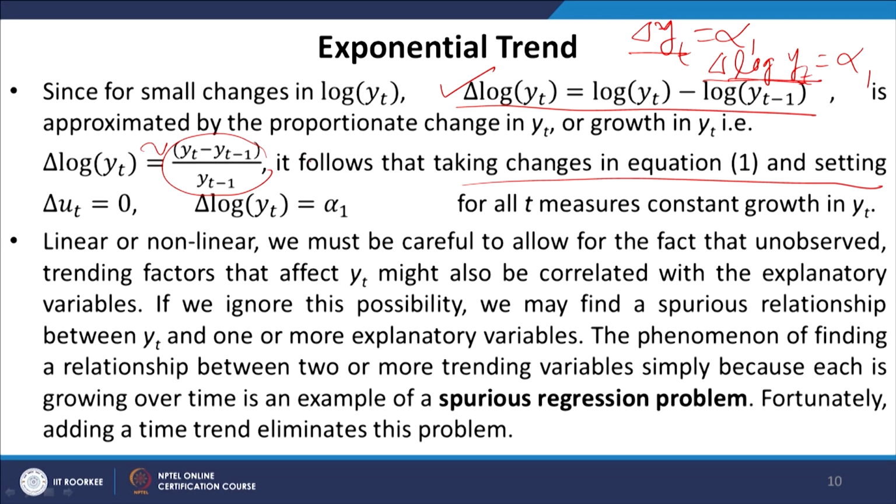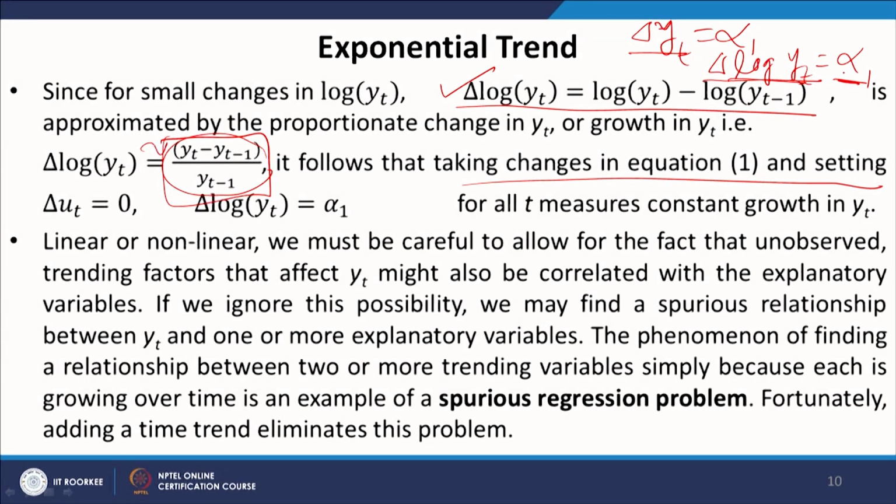Delta log yt is approximately equal to the growth rate in yt. So, here if we are going for an exponential trend, then alpha 1 measures the constant growth in the dependent variable. What it says is that with time the series is growing at a constant rate, and that constant rate is alpha 1.